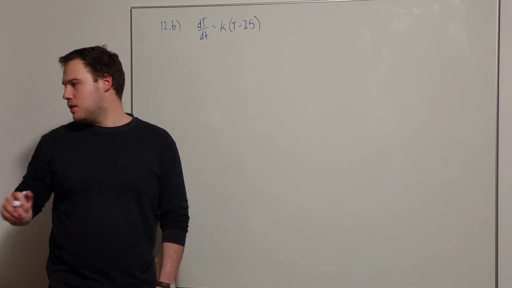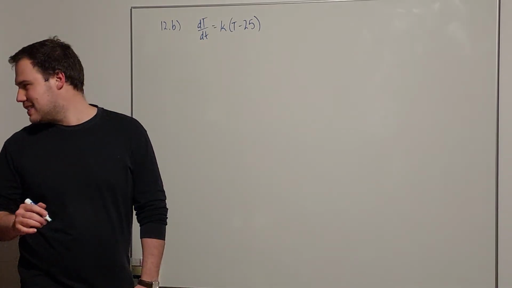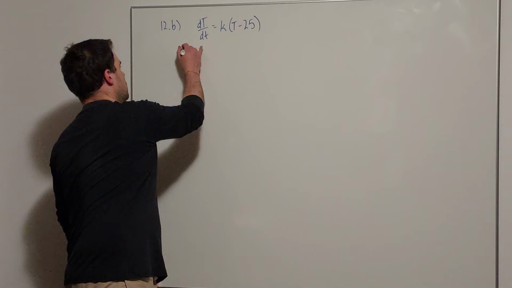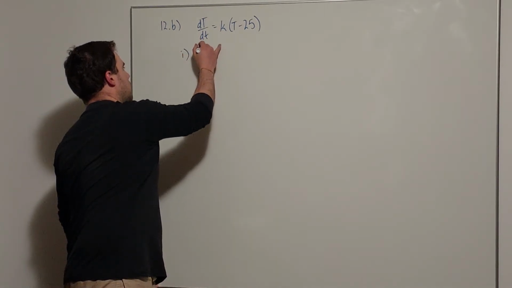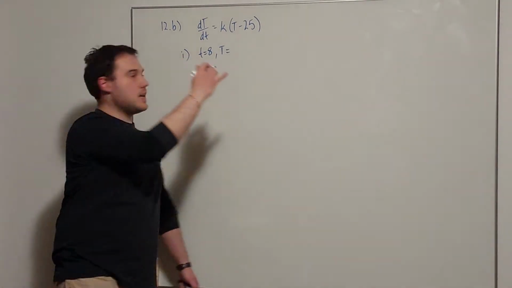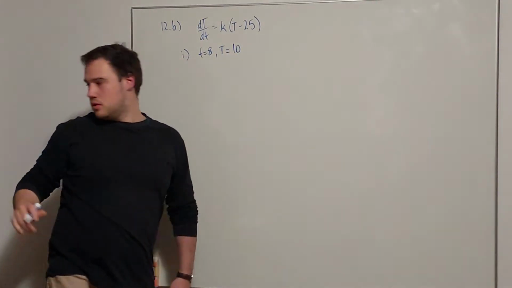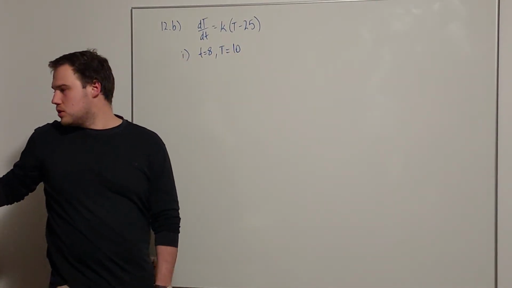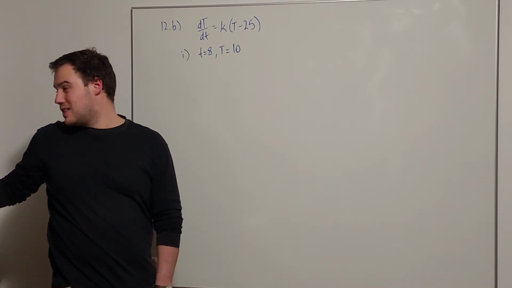Part i, after 8 minutes, the temperature of the water is 10 degrees. That's probably worth noting. When time is 8, the temperature is 10. I need to use that condition. By solving the differential equation, find the value of t when the temperature of the water reaches 20 degrees.